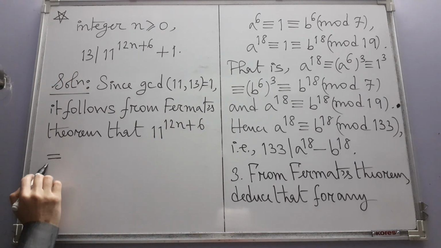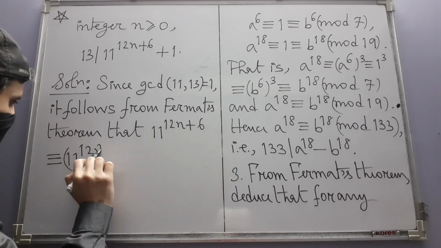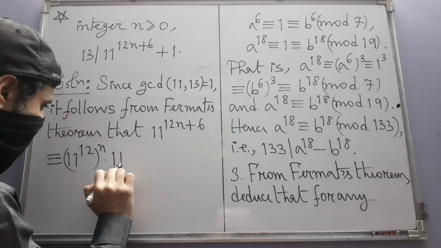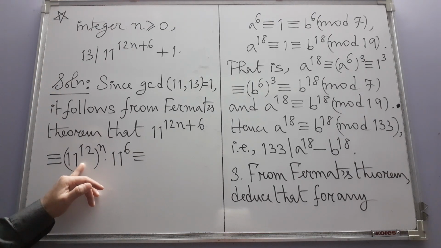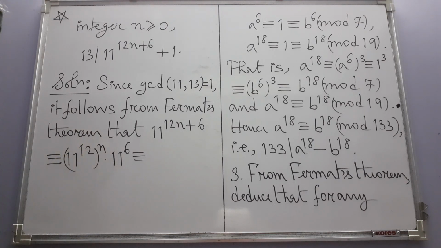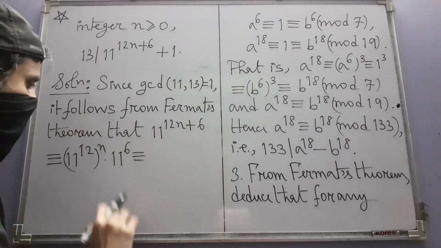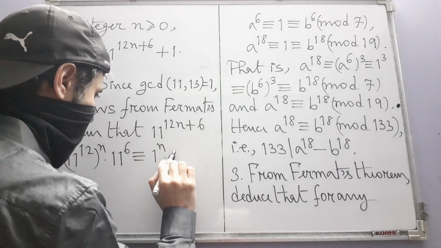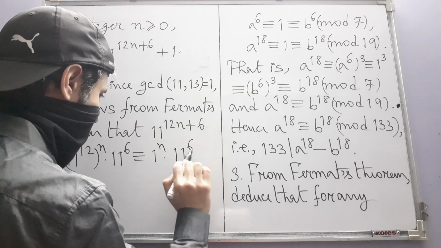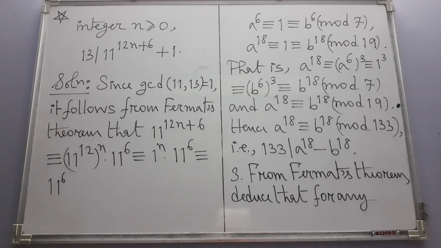So this is congruent to 11 to the power 12 to the power n times 11 to the power 6. This is where we use Fermat's theorem, because 11 to the power 12 is congruent to 1 modulo 13. We haven't written the modulus, but that is 13, you understand. So 1 to the power n times 11 to the power 6. So you now have to deal with only this number.